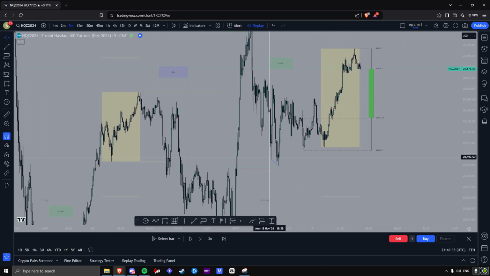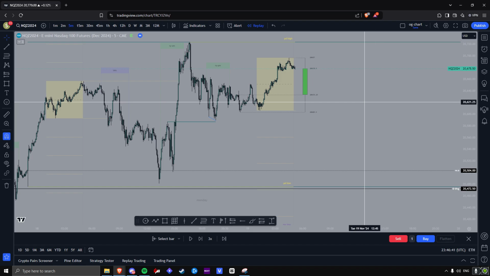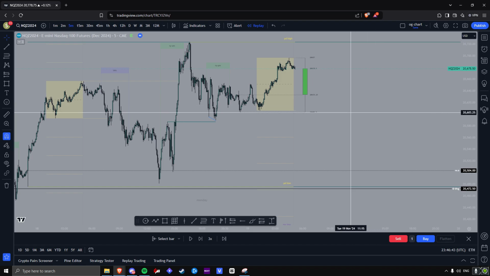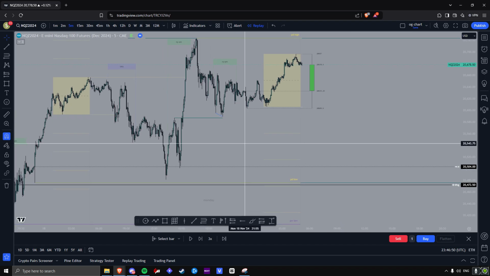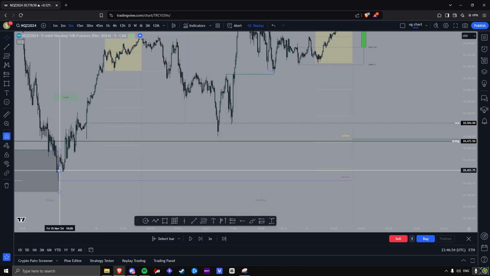This is a core part of the strategy that we're going to be using today. Unfortunately, in a lot of the examples that I would use for SMT, there typically is SMT. In this case, this is the lack of SMT.